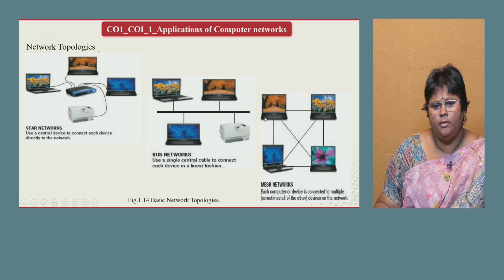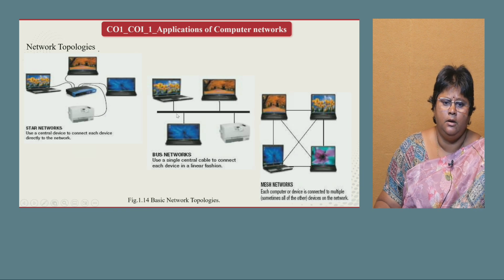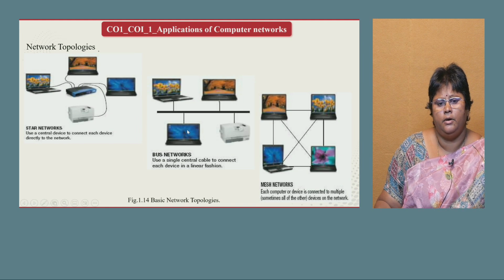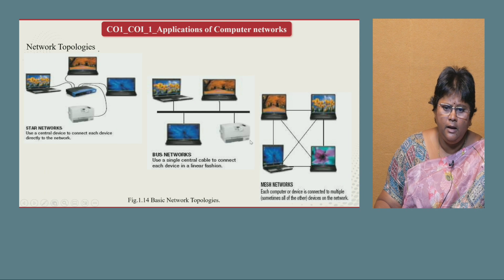Why? Because we can't communicate with the other devices after that break in the connection. So this requires a small amount of cable, the cost is less, and if working, it is a very good one. Then the next topology is the mesh topology.